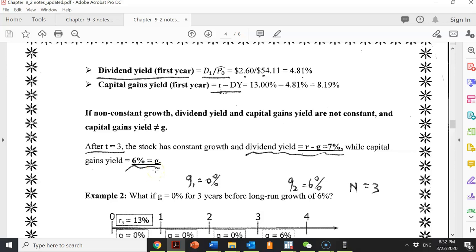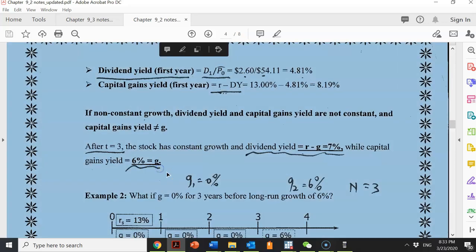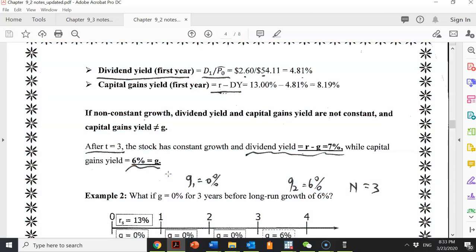So in the second stage, we can just use the two conclusions we had for DY and CGY in the constant growth model setting: DY, which is D1 over P0, is R minus G. CGY, capital gains yield, is the same as the growth rate of the dividend, same as the growth rate of the stock price, which is G. So that's how we work on two-stage questions to calculate P0, DY and CGY.